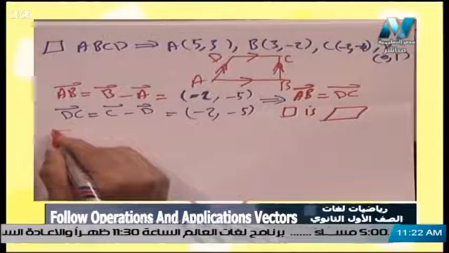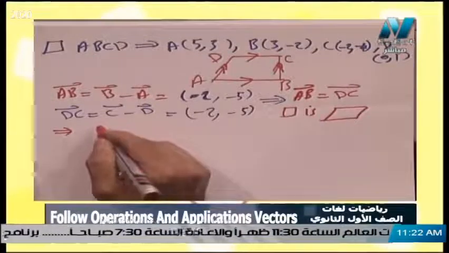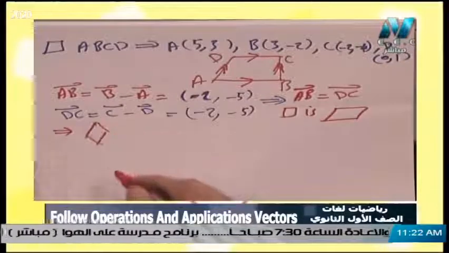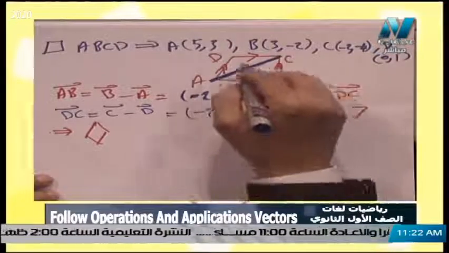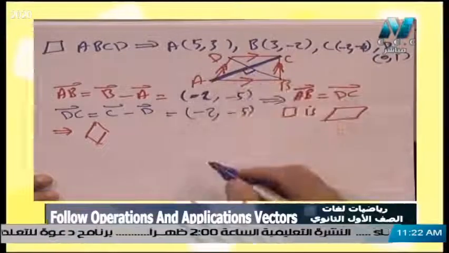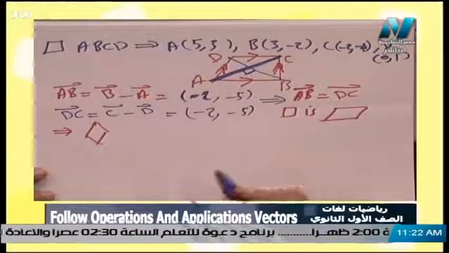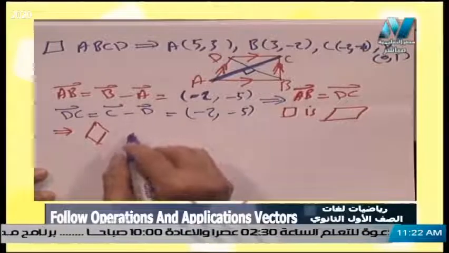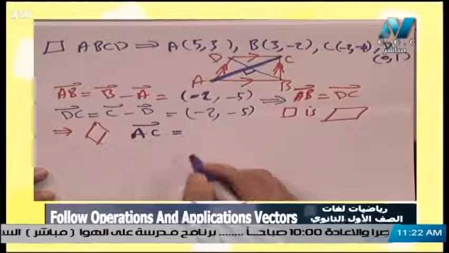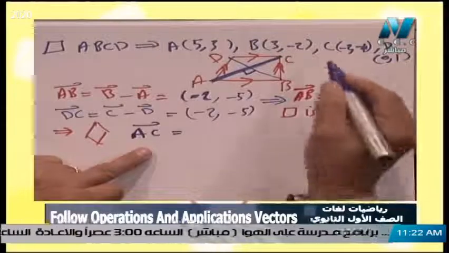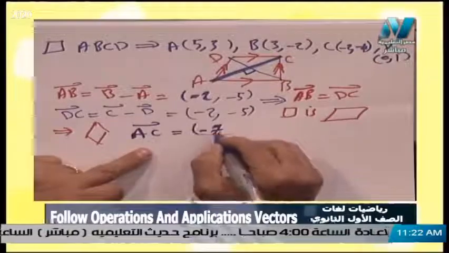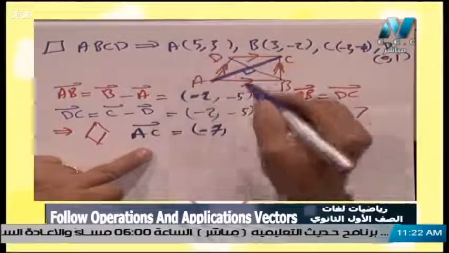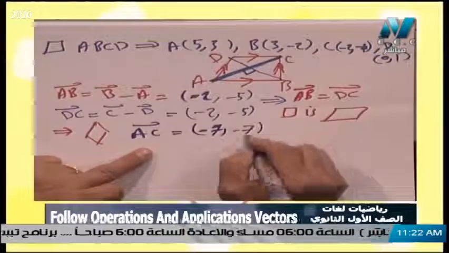To prove that the parallelogram now is a rhombus, we have to prove that the two diagonals are perpendicular. So we will find the vector AC, which equals C minus A: negative 2 minus 5 equals negative 7, negative 4 minus 3 equals negative 7 also.